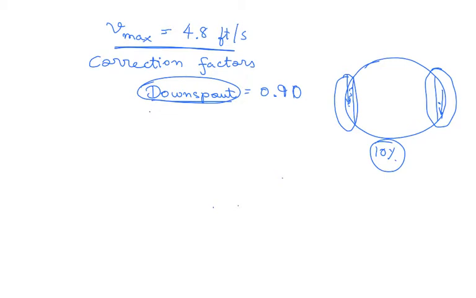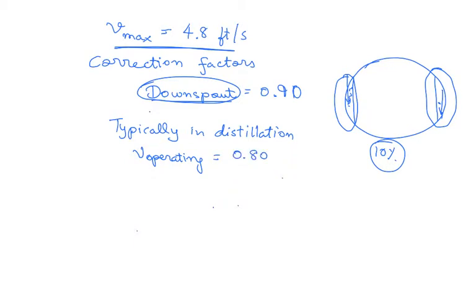Then, typically in distillation you tend to operate somewhere between 70 to 80% of the flooding velocity. In absorption, we did it at 50% of the flooding velocity, right? In distillation, the operating velocity is roughly, let's say here we apply a factor of 0.8, so 80%, times Vmax.